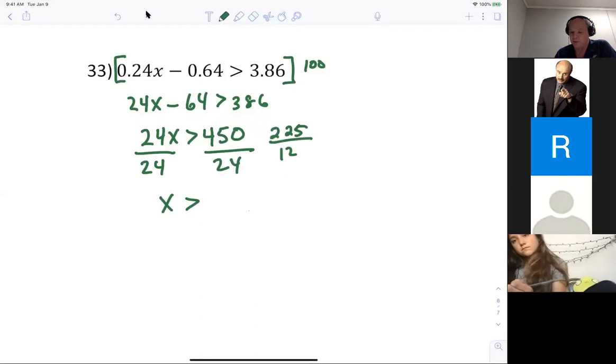Now we can look at that and say, is it divisible by 3? Add the digits, 5, 7, 9. So I know it's divisible by 3. So that would be 75 over 4. Okay, so 75 over 4 to infinity.